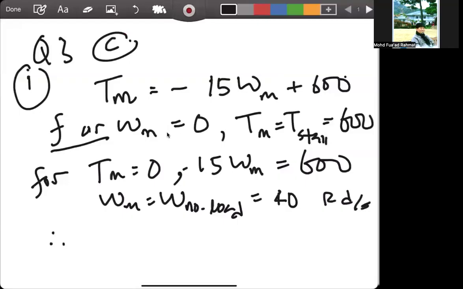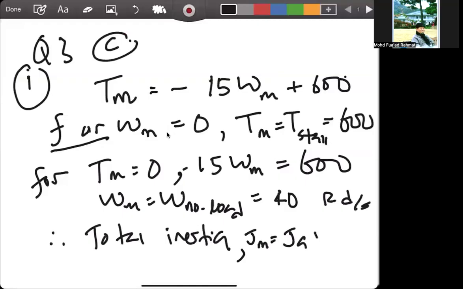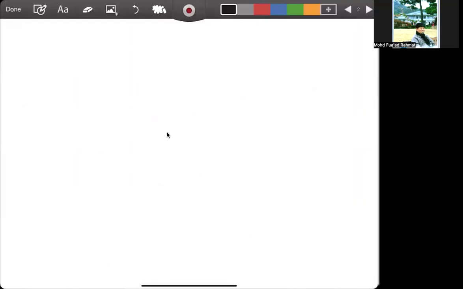so that's why the total inertia is equal to Jm plus Ja times N1 over N2 squared, which is 2.75 for JM.